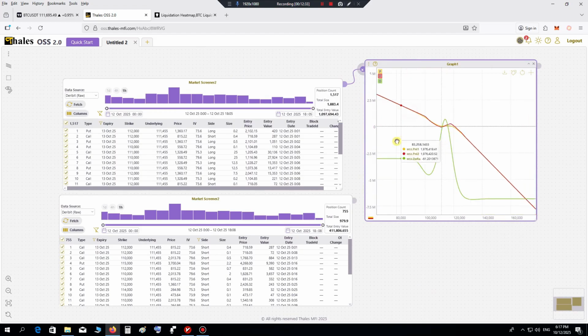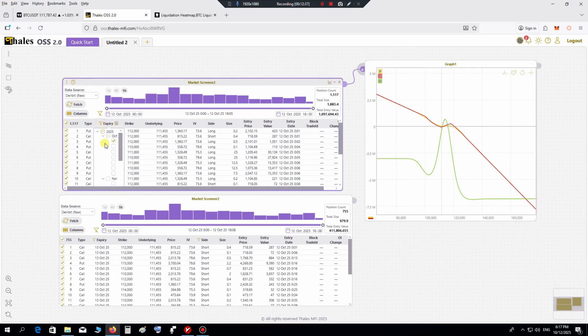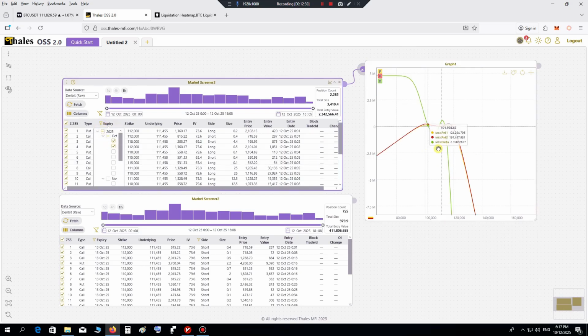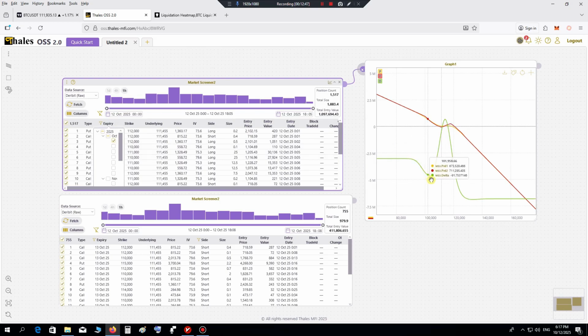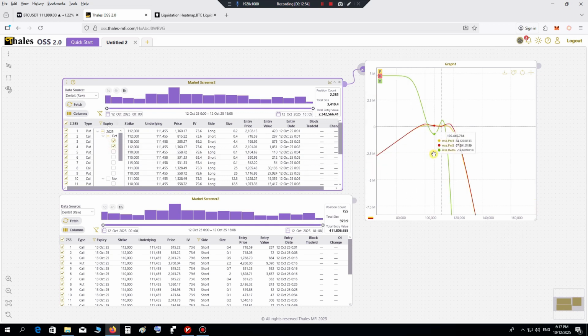Now, let's go and take a look at the futures. If we add the 14th, look, if we add the 14th, your delta goes up to 102, but when we add this, you see our endpoint becomes 106.